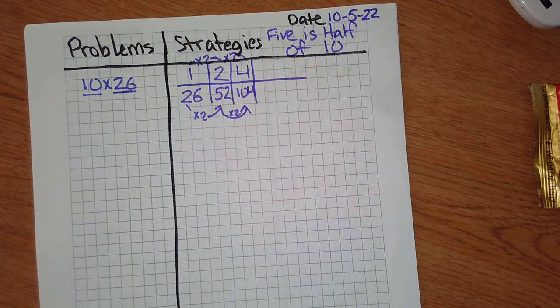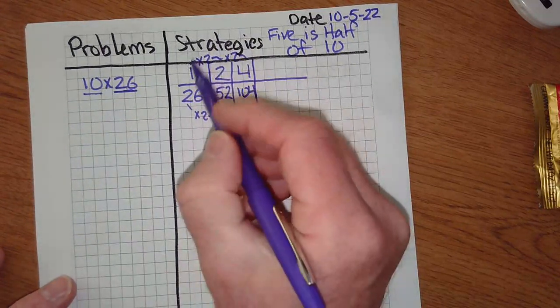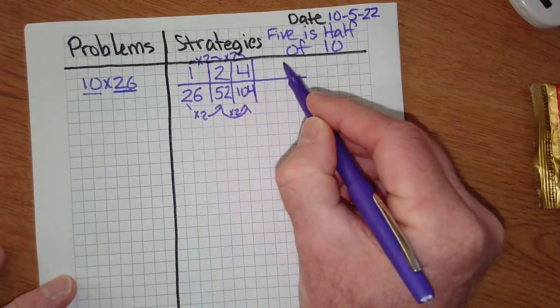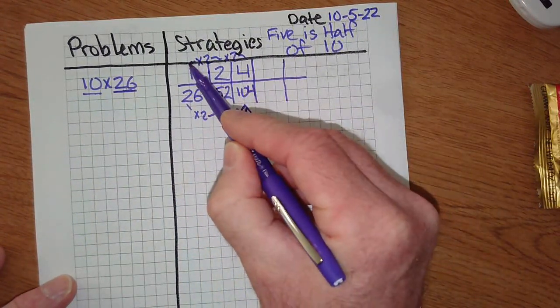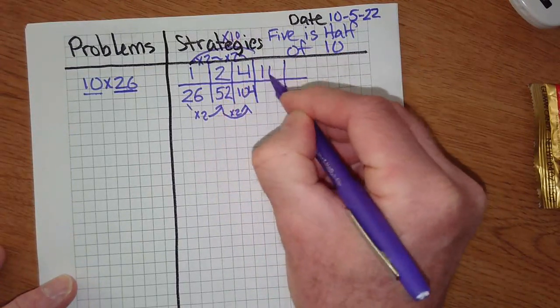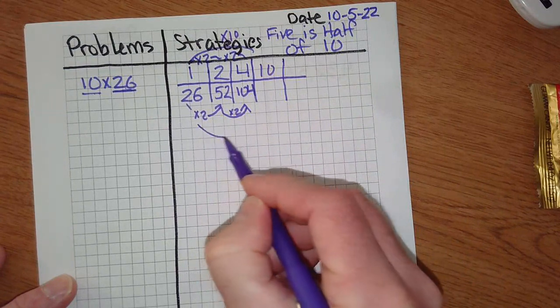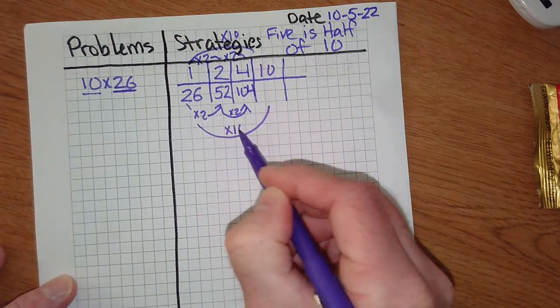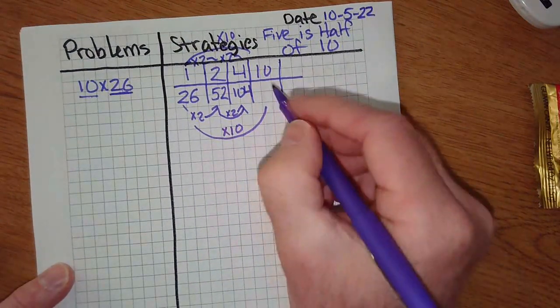Just because it's a nice number, Don. Well, we're talking doubling or adding. What would you have done? If we know 1, what should we try so we can get it done in one fell swoop? Times 10, someone said. Yep, 1 times 10 gives us 10. And 26 times 10 gives us what, everyone? 260.